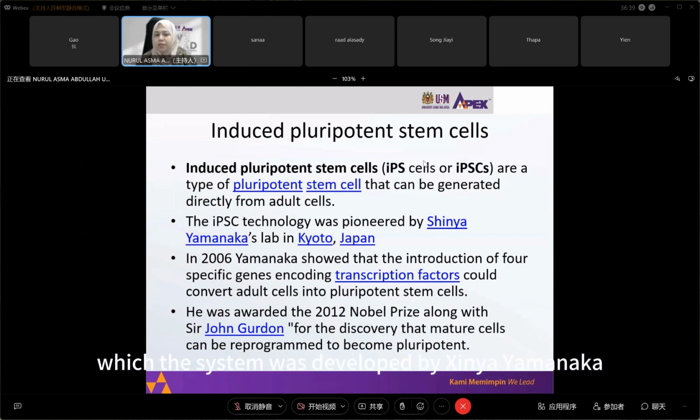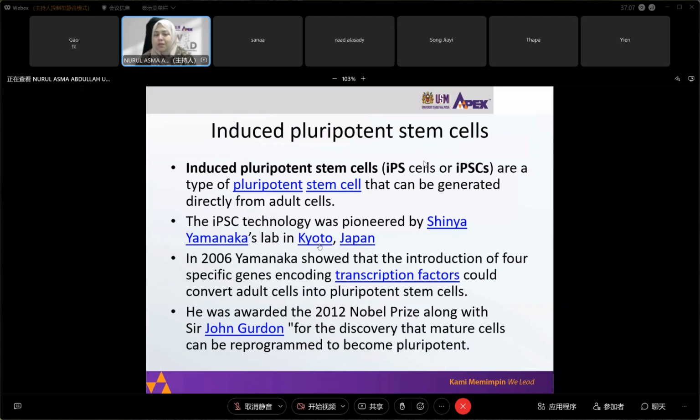the system was developed by Shinya Yamanaka from the University of Kyoto, Japan. He used 4 specific genes as transcription factors to convert adult cells into induced pluripotent stem cells.